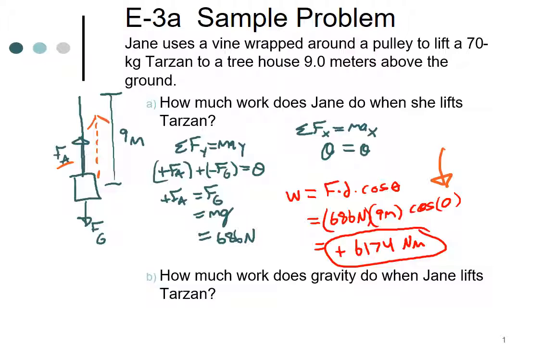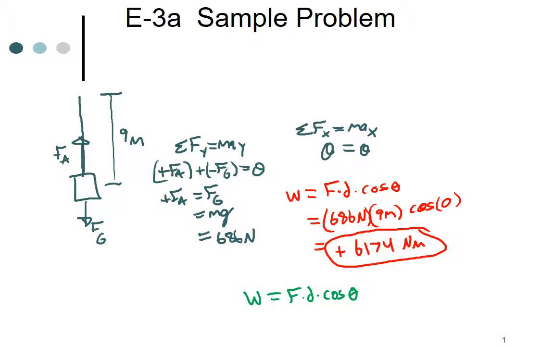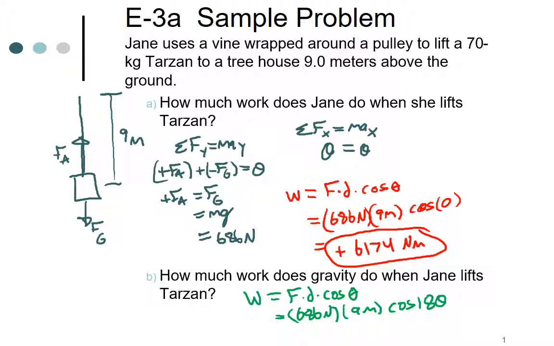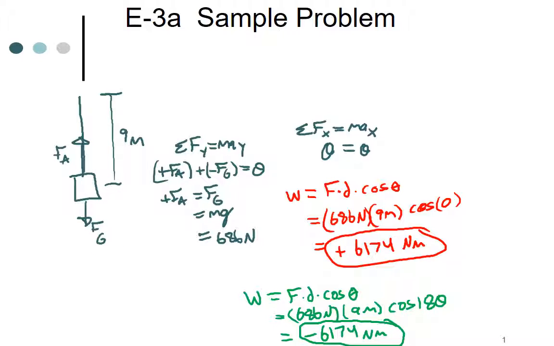So the work is positive 6,174. And then the work gravity does, if you think about that, the displacement is up, the force of gravity is down, the angle between those is 180 degrees, so we'll get negative 6,174 Newton meters.